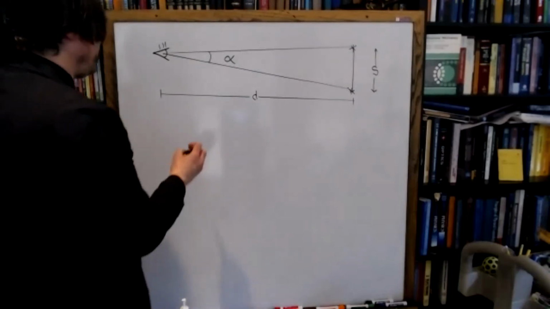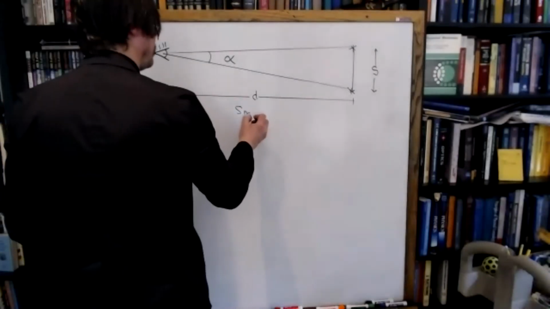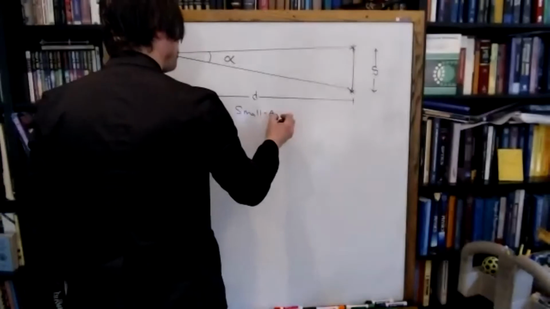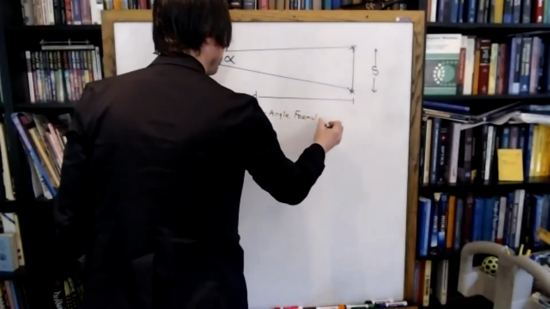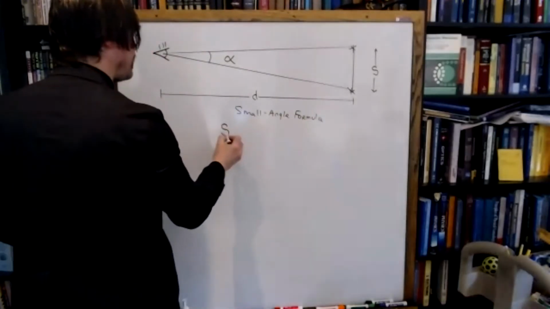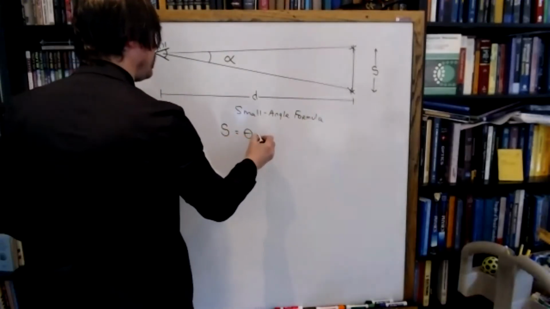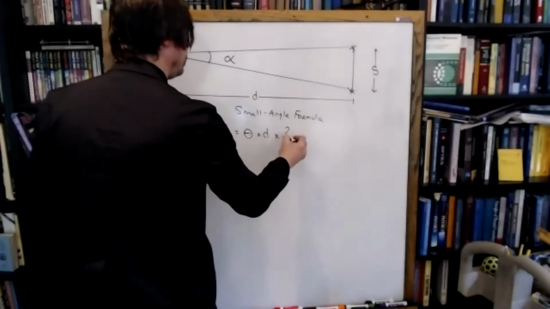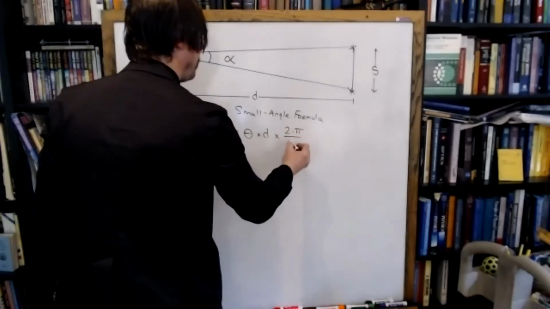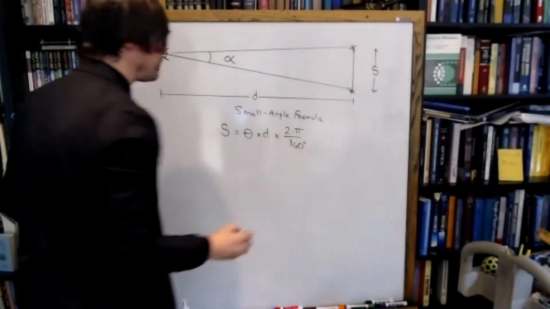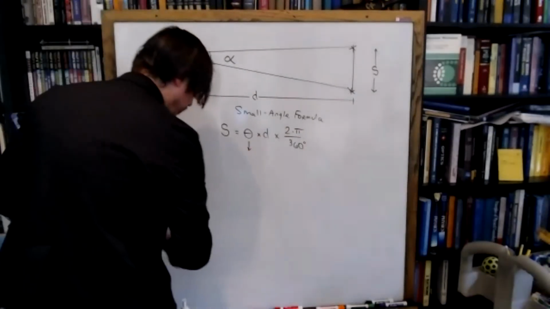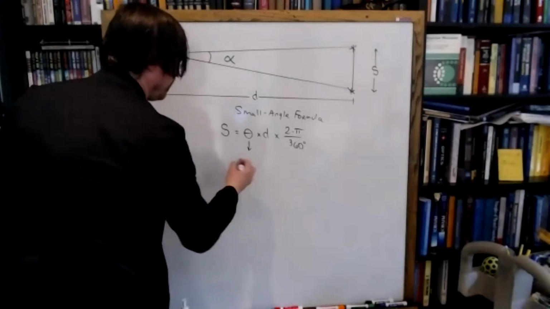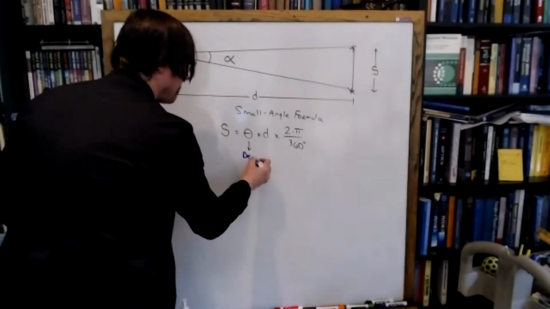Now in chapter 2, we learned a version of the small angle formula. And that version was S, the separation, is theta times d times 2 pi over 360 degrees, where here theta was the angular separation, or the angular size of my object, measured in degrees.